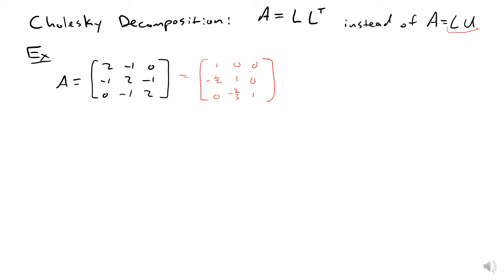That would be our lower diagonal matrix, or we could call it the unit lower diagonal matrix because it's all ones along the diagonal. And then matrix U would be 2, negative 1, 0, 0, 3/2, negative 1, 0, 0, 4/3.